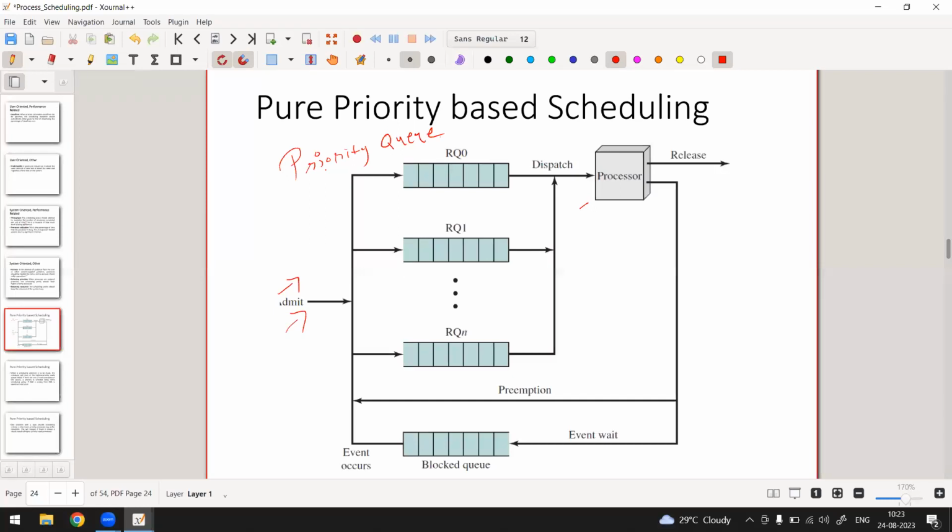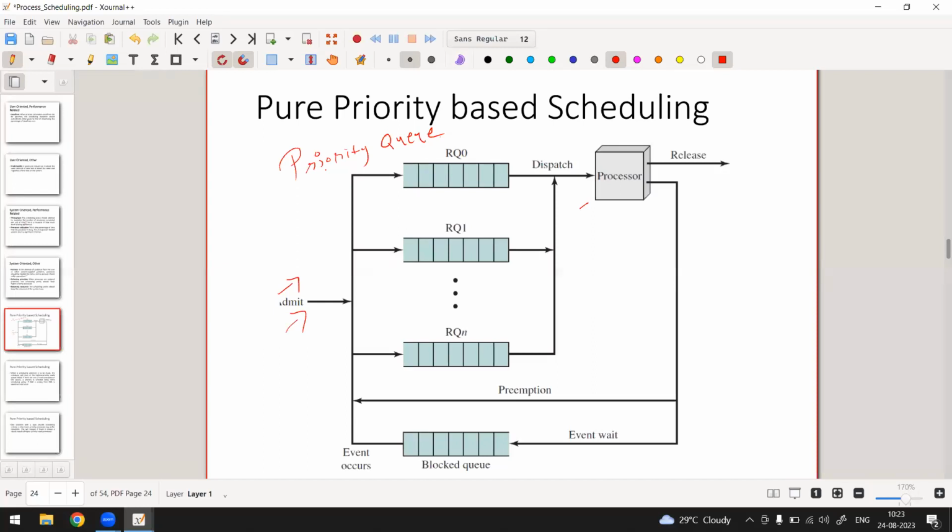For each priority, you have a queue. For example, RQ0 means all the processes which have priority 0. RQ1 means the queue for all the processes which have priority 1, till n.